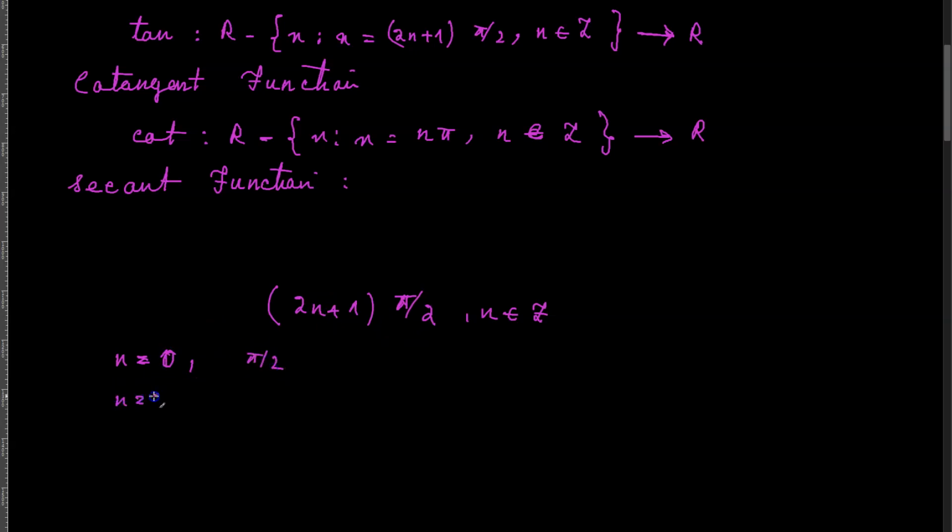If n is equal to 1, then you have 3 pi by 2. If n is equal to 2, then you have 5 pi by 2.